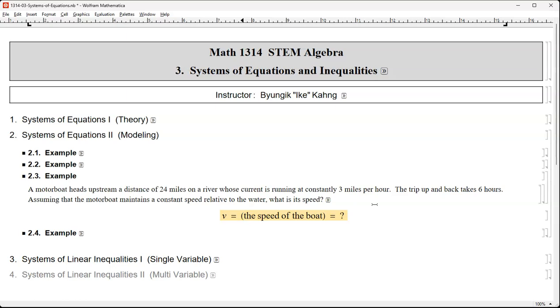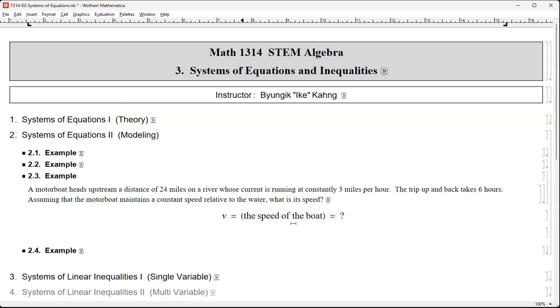What else do we have? The trip up and back takes 6 hours. Okay, all right. So clearly we have this. x plus y is 6, assuming that x and y are the times.